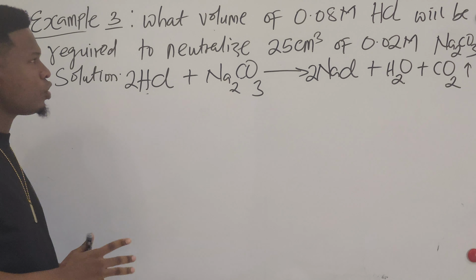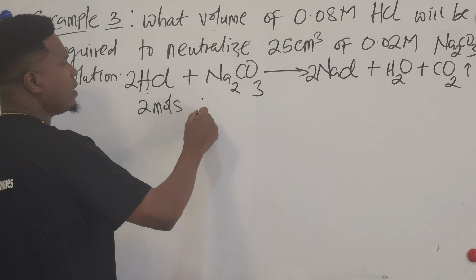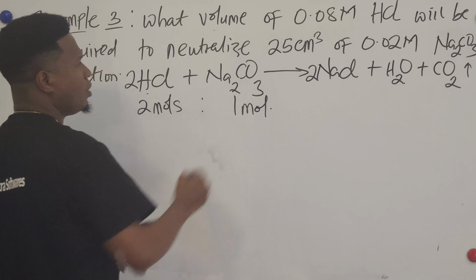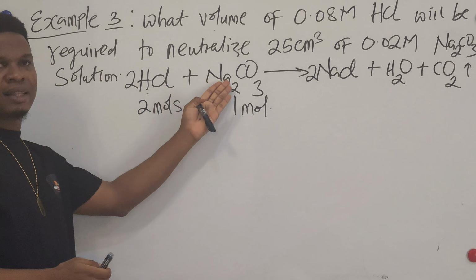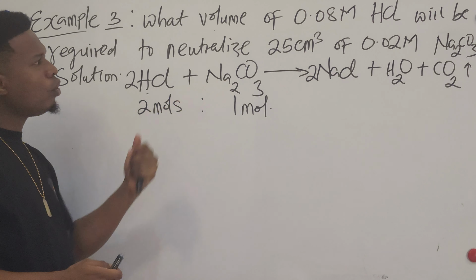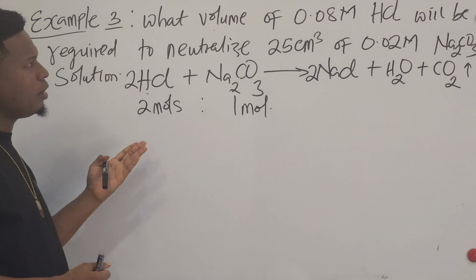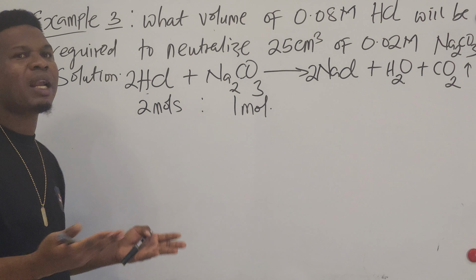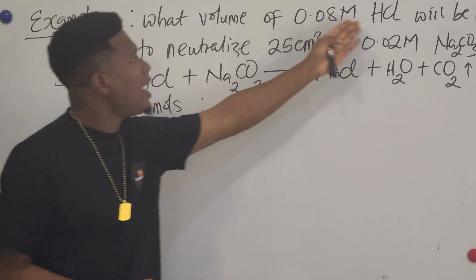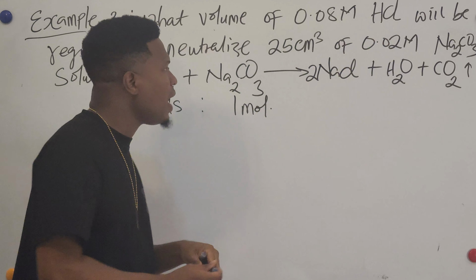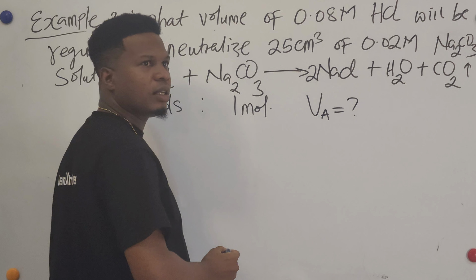Why do we balance the equation? So we can know how many moles of this is reacting with this. Remember, this is the acid and this is acting as the base. Now let us outline the parameters that were given to us. We are looking for the volume of the acid, Va.